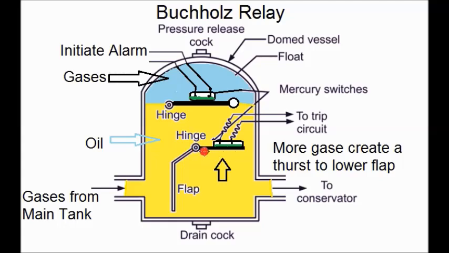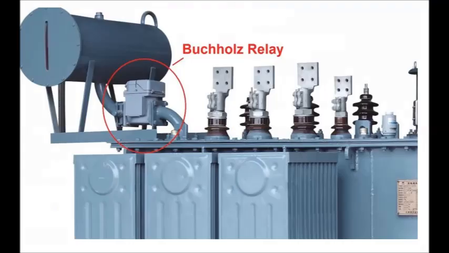Due to this, the switch along with the flap comes to the horizontal position, which results in the mercury giving a conducting path between the 2 points. This results in trip initiation to the control and relay panel, and the Buchholz auxiliary relay, which is connected by means of these two cables, will be actuated. This relay will give a trip signal to the circuit breaker in order to trip the power transformer under Buchholz trip. So friends, this is the purpose of the Buchholz relay.